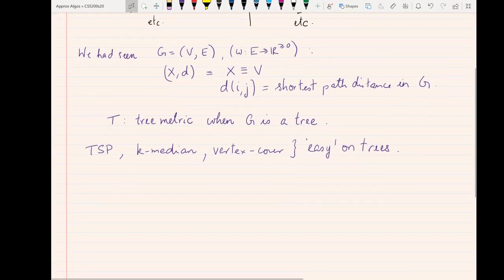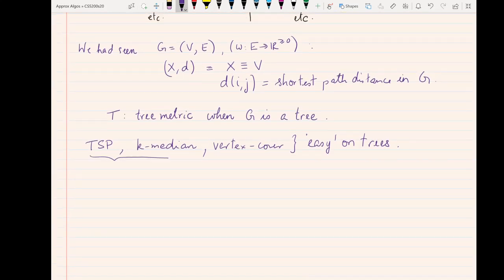So the question that you might want to ask is, especially for problems like TSP or k-median, where the problem itself is formulated in a metric space, is there a tree metric space close to the given input? Is there a tree metric space in which the distances between points look like the distances in the given input space?